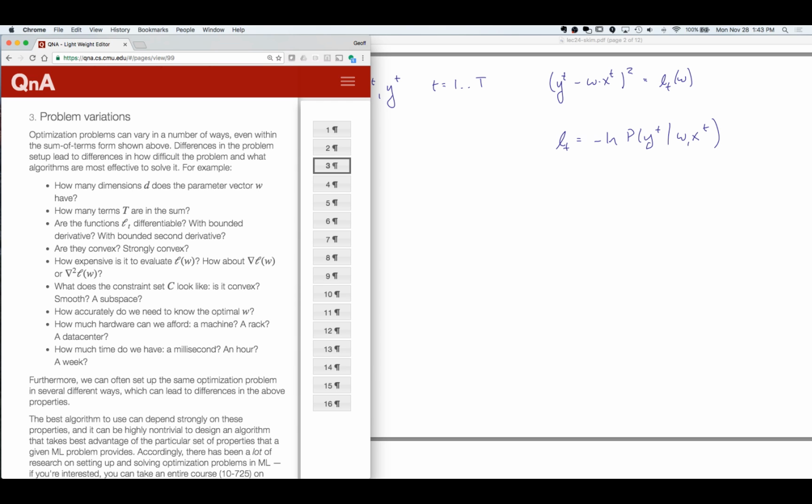But here are some of the things that you can be looking out for. One is: is the problem low or high dimensional, meaning how many dimensions does the parameter vector have? If it's got a ton of dimensions, that rules out some of the optimization algorithms that scale poorly in the number of dimensions. How many terms are in the sum? Again, if there's a billion training examples, that's different from a million training examples, which is different from 1,000 training examples.